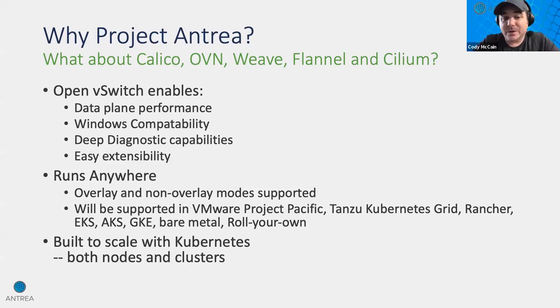We're going to get Windows compatibility, and Windows compatibility that's not hacky, right? We'll be able to actually have an OVS native interface to both operating systems, right? And that's a game changer, because what it's going to do is allow our orchestration and control planes to evolve in a uniform manner. We're going to get deep diagnostic capabilities. We're going to get easy extensibility.